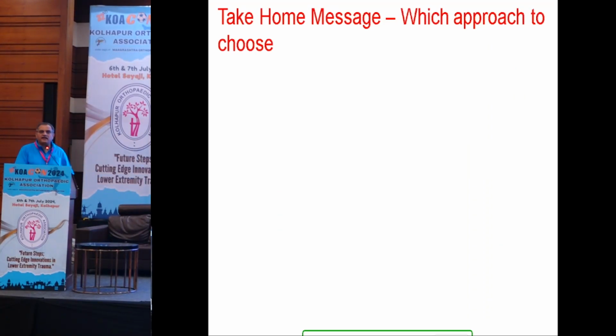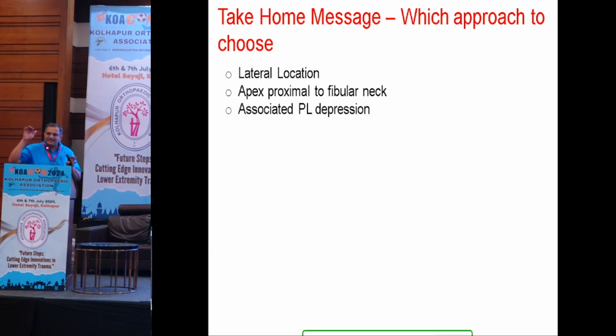So the take home is, if you need to buttress the posterolateral fragment from behind, use a direct posterolateral approach. If it is mainly depressed and you don't need to buttress the posterior element and you need only to elevate, use a suprafibular or para-apsial approach.